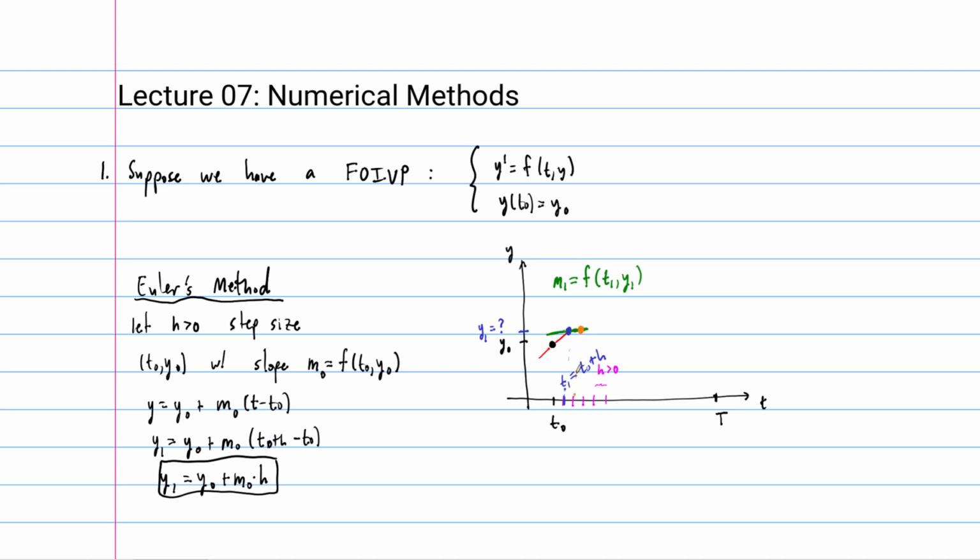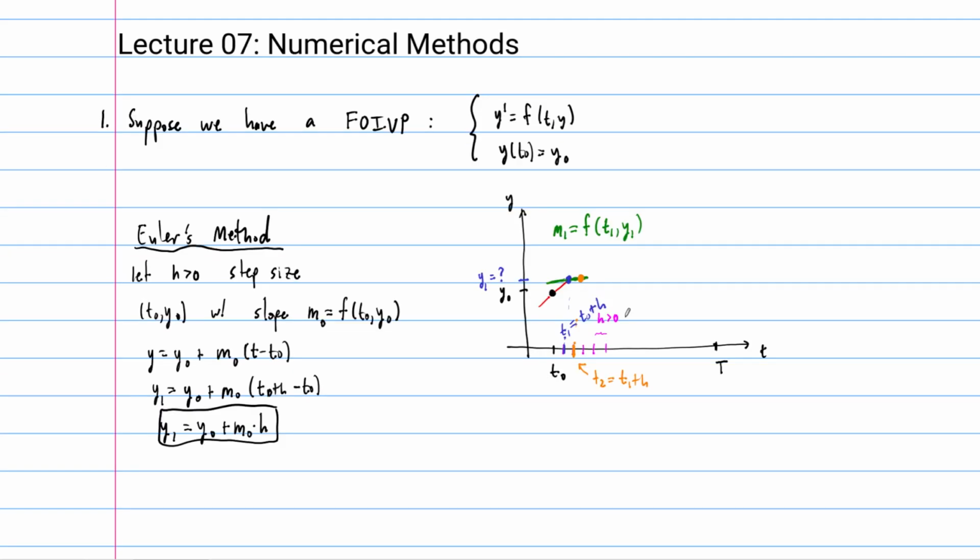So one step, h units. The new t value down here, that'll be t2. t2 is t1 plus h. We follow all the same argument that we just got, right? And we'll find that our new y value, which in this case is very close to the old one, the way I've drawn this, y2, is going to be the previous y value plus the prescribed slope times the step size, h.